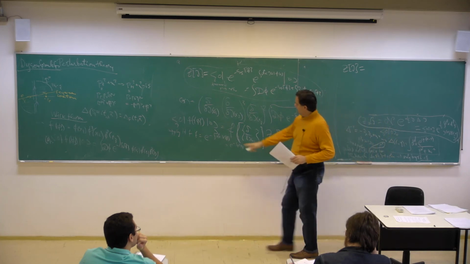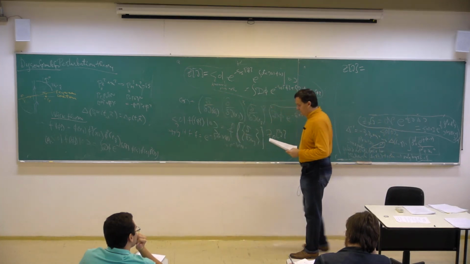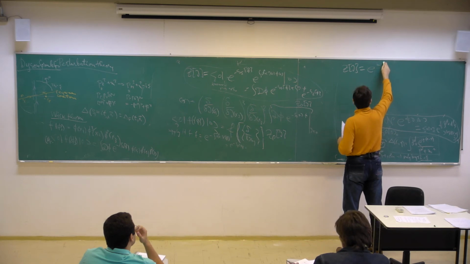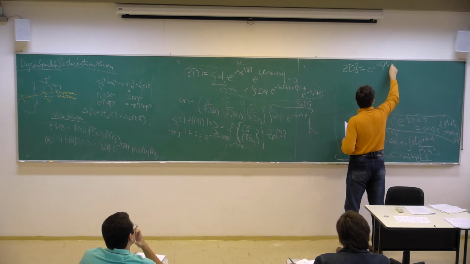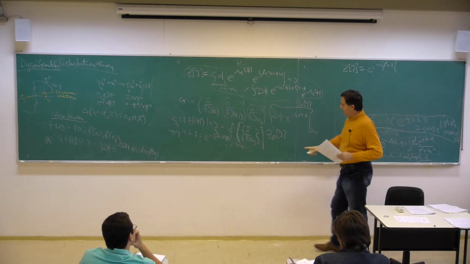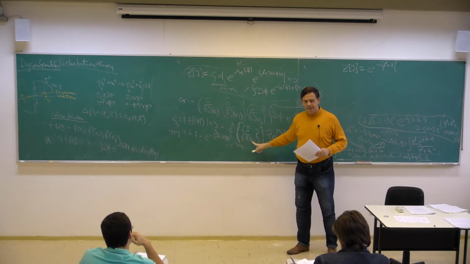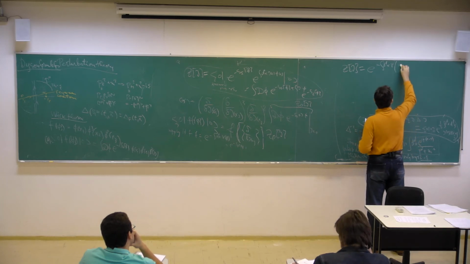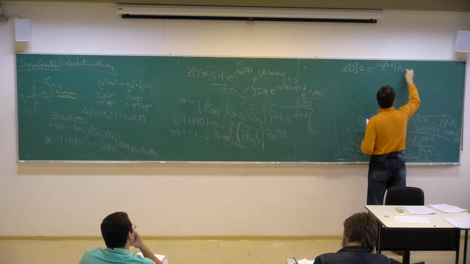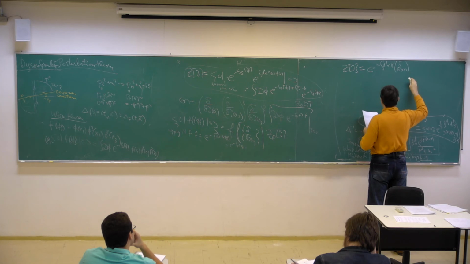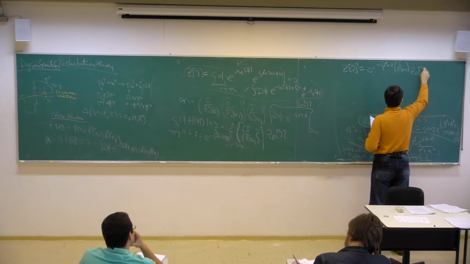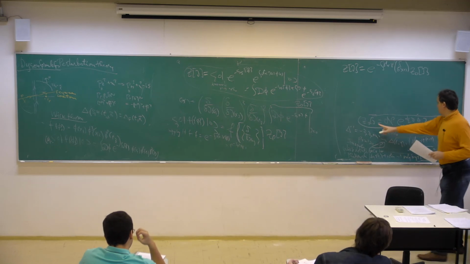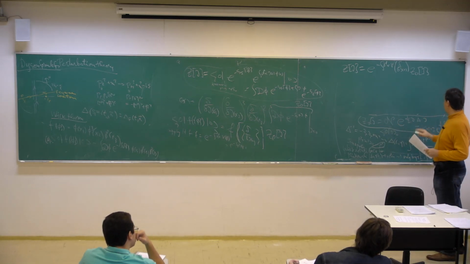So by putting this, I obtain Z of J as it is here: e minus integral d^dx of V, just that now in V I replace phi with δ/δJ. So let's say V of δ/δJ of x, and acting on Z0 of J. And this Z0 of J was this thing, right?